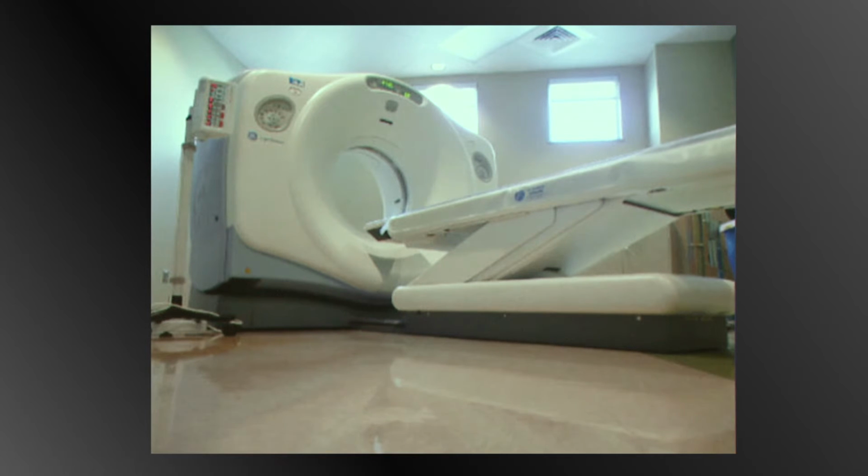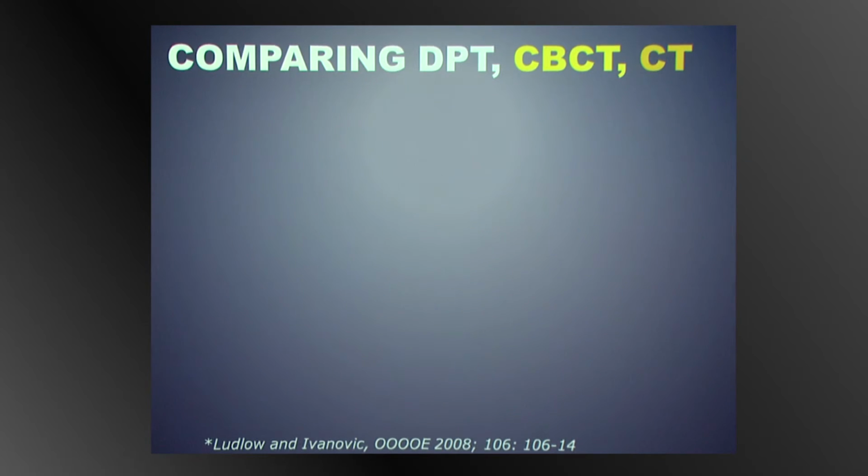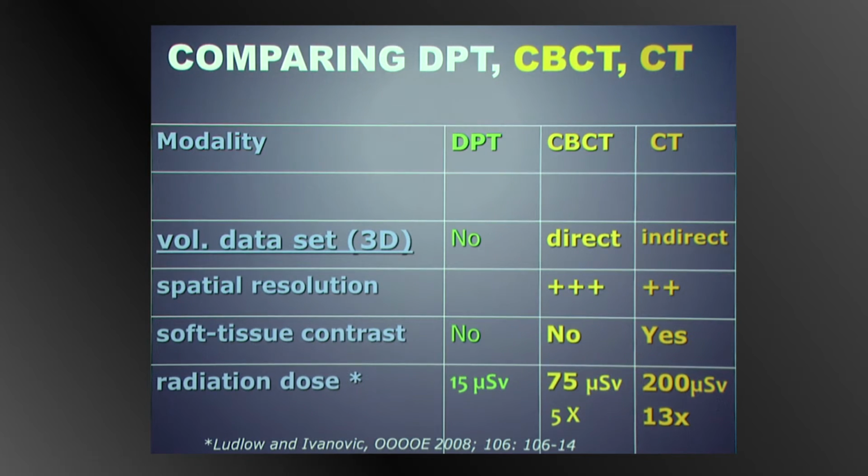So as we know, there's been a lot of hype in the press over the last 3 to 4 years over radiation, and one began to think that we were becoming the Grim Reaper. Comparing the three most common modalities used in maxillofacial radiology, no volume data set with a DPT. It's a direct volume with cone beam, unlike CT where it's indirect. The resolution of cone beam is slightly higher.